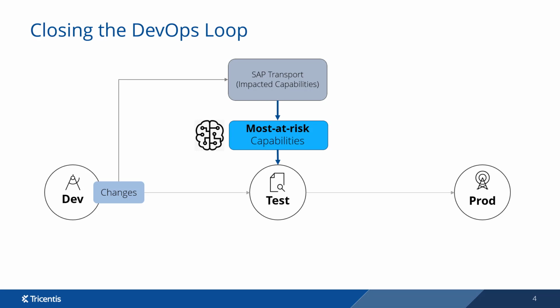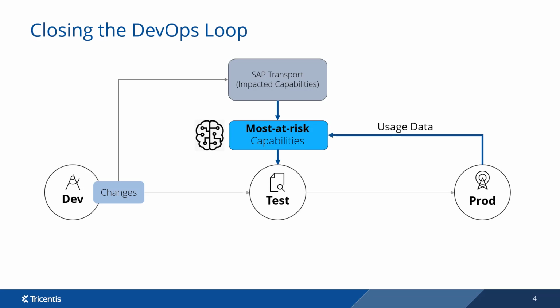And then we also need to figure out what test assets we have to cover those most at risk executables. LiveCompare can help you do that by scanning your test repository. After we identify the most at risk within the Change Impact Analysis app, we'll also scan your test repository to determine what test assets you have to cover those changing objects.